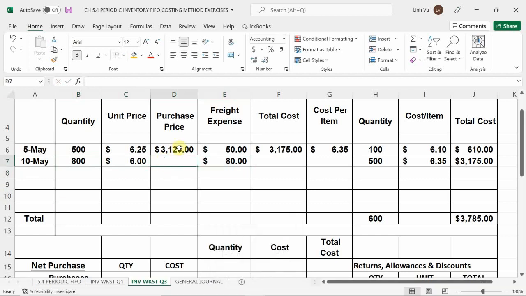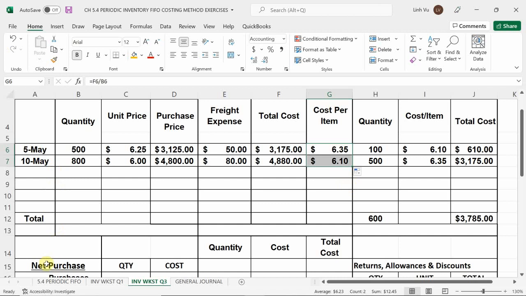So in this case, what's my total purchase price? 4,800 plus 80 gives me a total cost of 4,880. And last but not least, $6.10. Good. Cost per item is $6.10.